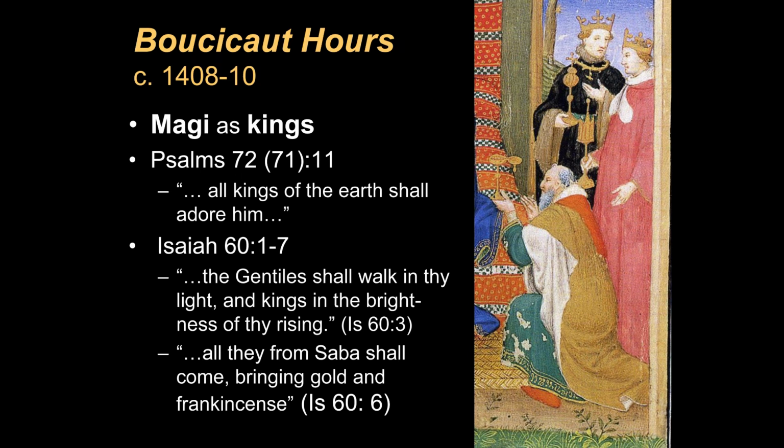Also, the Magi are often considered to be the Gentile world first acknowledging Christ as Lord. St. Augustine talks about this as Christ made manifest, or being revealed to the Gentile world who comes to adore him in the person of these three kings or Magi.